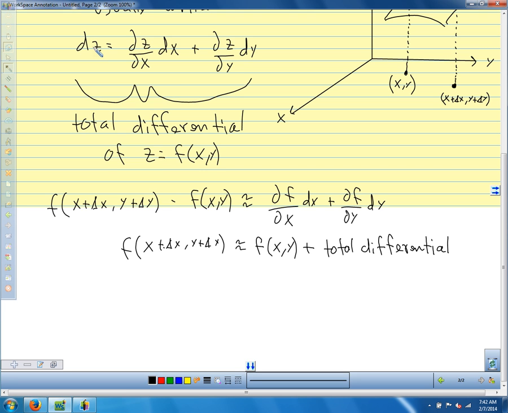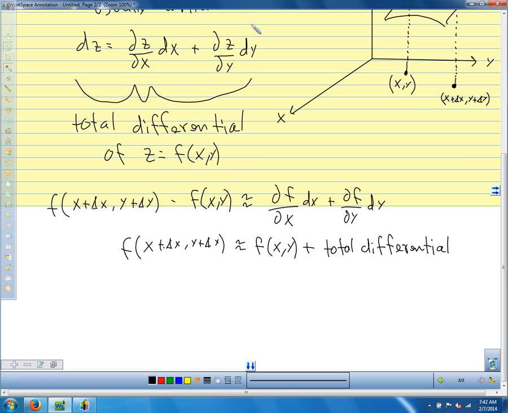We'll do some examples of that. So the total differential is an approximation to our surface. We're using the tangent plane, and if our increment is small enough, it's approximately equal to what the surface does as we move between those two points.